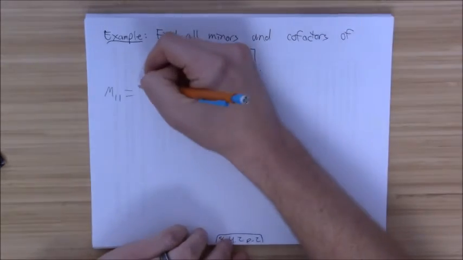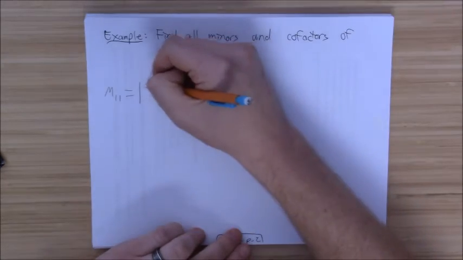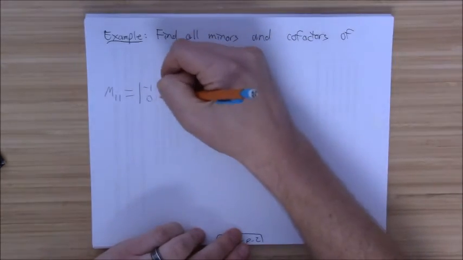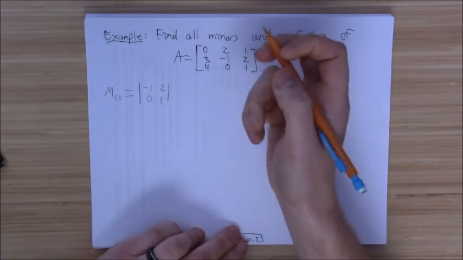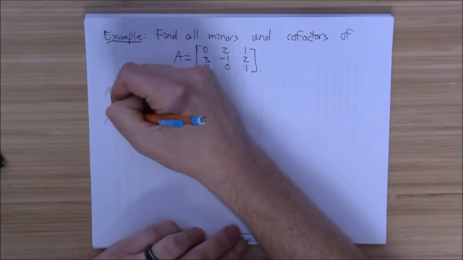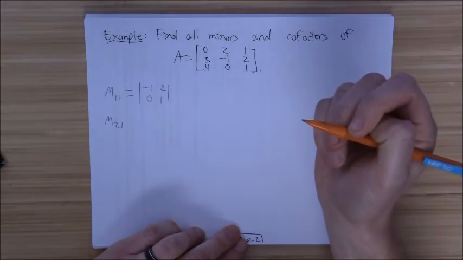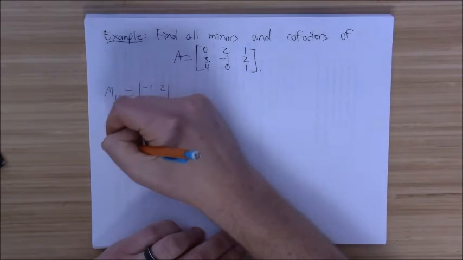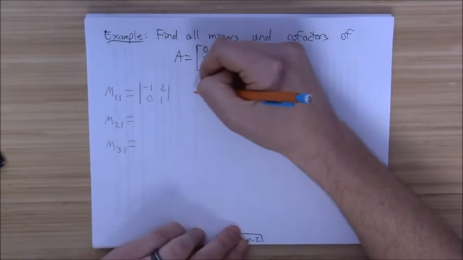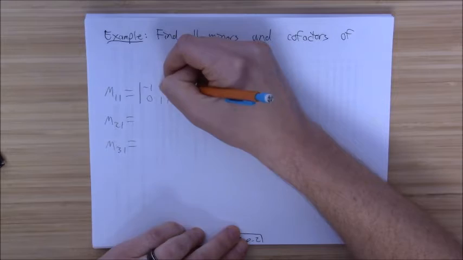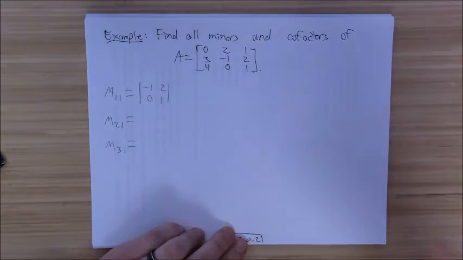So it's the determinant of -1, 2, 0, 1. To find M21 and M31, we do similar things. I'm going to go ahead and set all of this up.